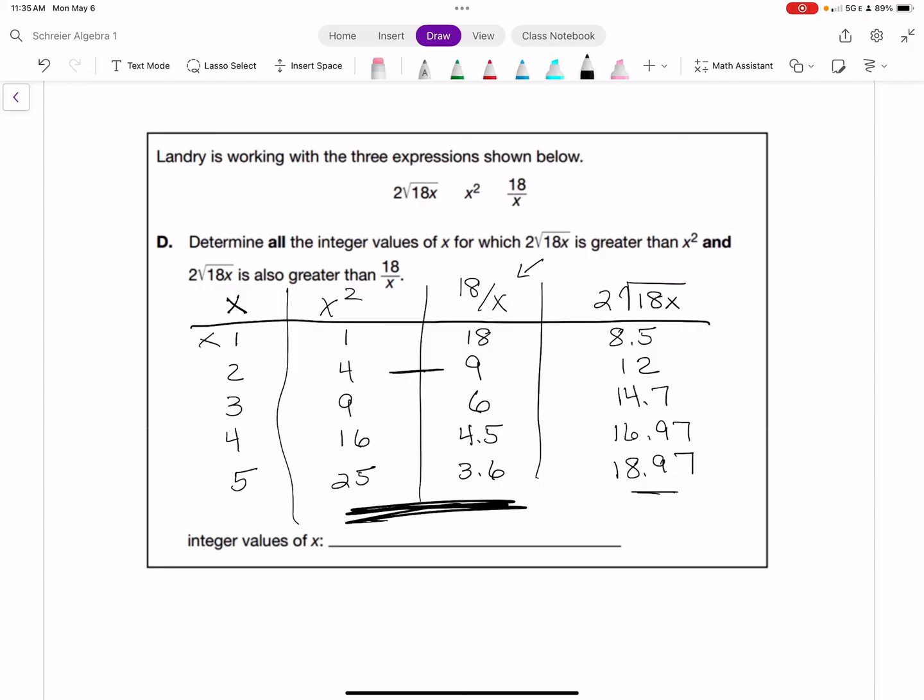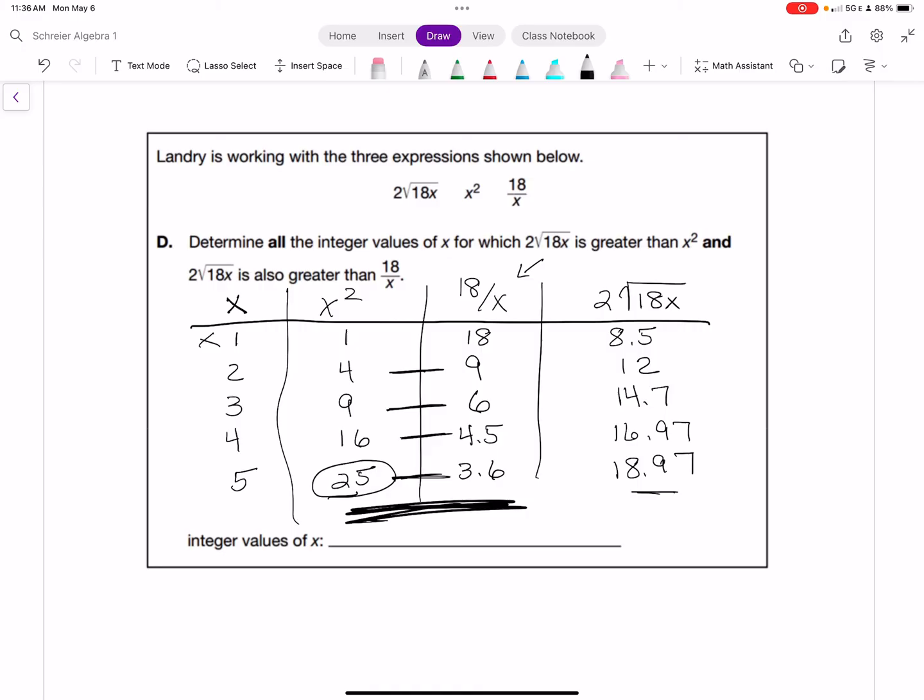For 3, these are also both less than 14.7. For 4, these are also both less than 16.97. Obviously, 16 is just less. And for number 5, these 2 are not both less than 18.97. The 25 is more than it.